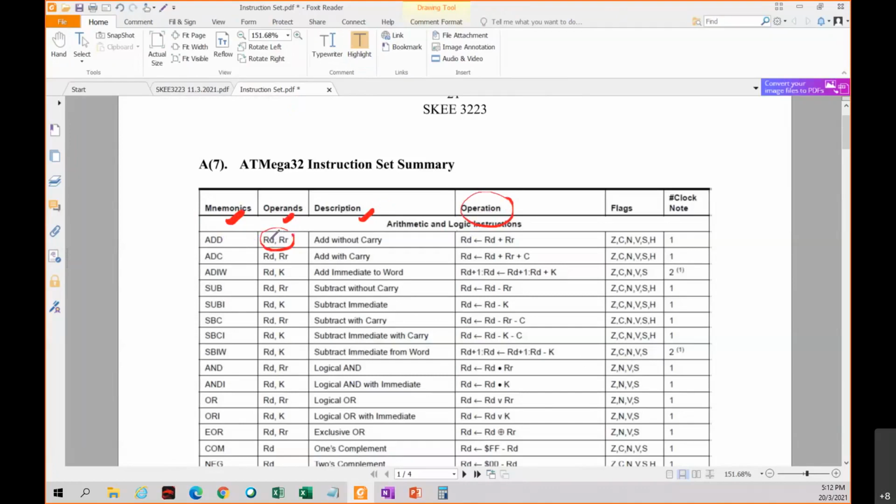So you know that destination and source. Apa yang dia buat? Add without carry. Apakah operation dia? Boleh tengok kat sini. Oh, this is the operation. Rd sama dengan Rd tambah Rr. Okay, as long as you know that how this operation works untuk setiap instruction, so tak ada masalah.